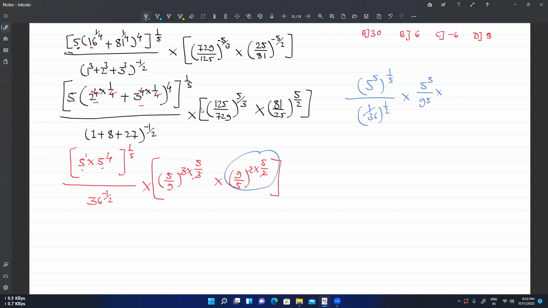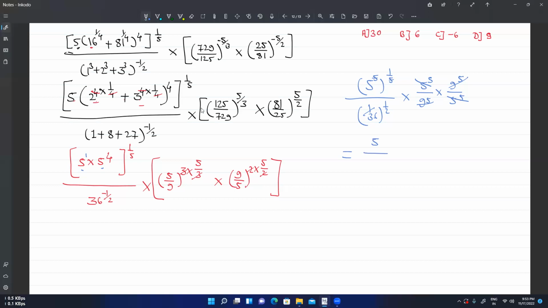Similarly with this one, we have 9 raised to 5 whole bracket raised to 5, which can be written as 9 raised to 5 upon 5 raised to 5. So now this 5 raised to 5 will be cancelled out with this one, and this 9 raised to 5 will be cancelled out with this 9 raised to 5. So what remains here is 5 raised to 5, whole bracket raised to 1 by 5. This 5 will be cancelled out with this 5, so in the numerator we have 5 only.